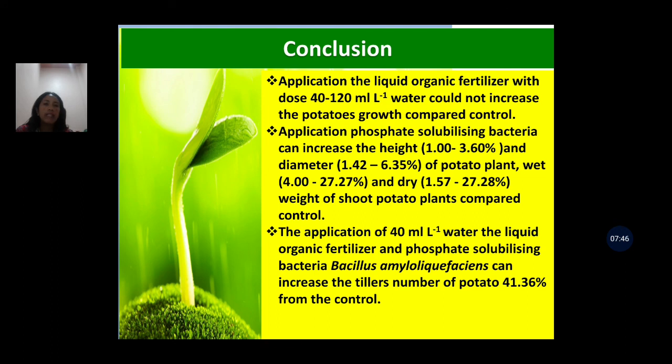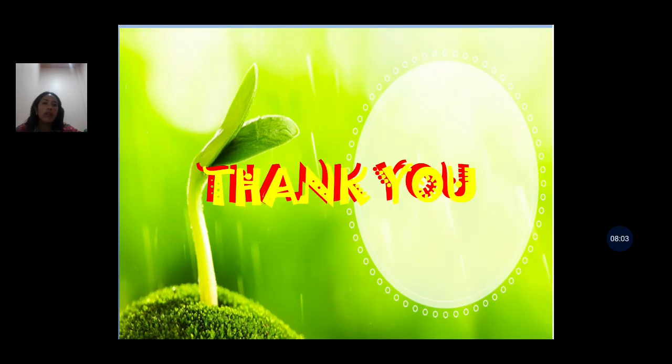The application of 40 ml per liter water liquid organic fertilizer and Bacillus amyloliquefaciens can increase the tillers number of potato by 41.36% from the control. I think that's all.